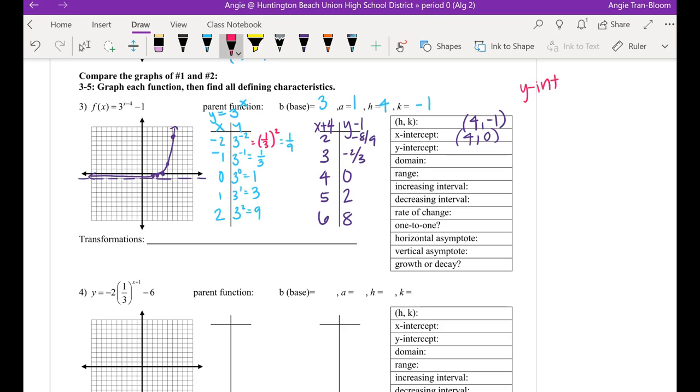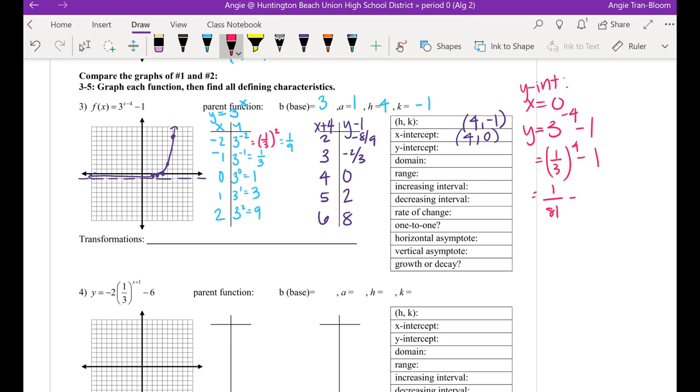Y-int, x equals 0. So y equals 3 to the -4th power minus 1. 3 to the -4th power is really technically 1/3 to the +4th power. True or false? True. 3 to the 4th is what? Because I know 1 to the 4th is 1, but what's 3 to the 4th? 81 minus 1.